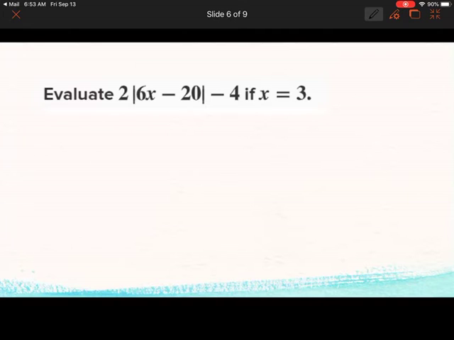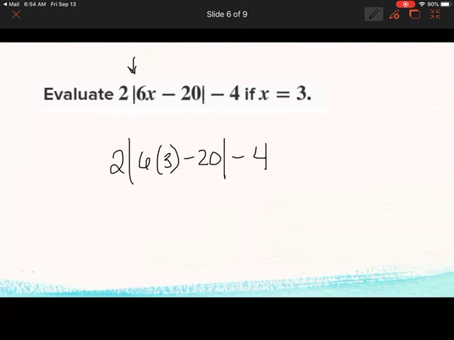Let's try this one. So on the outside, this is kind of like the outside of parentheses right here. This is saying the 2 times the absolute value of this entire expression. So first things first, though, I'm going to substitute. And then I'm going to do what's in the grouping symbol, which remember the grouping symbol is going to be my absolute value signs.